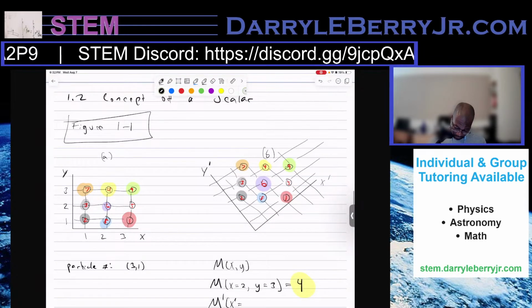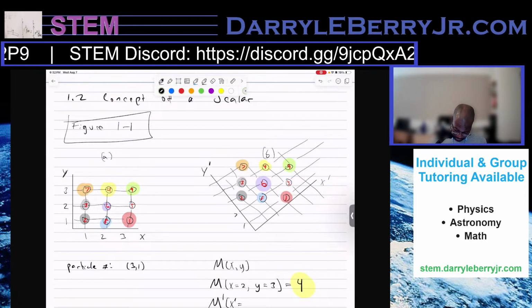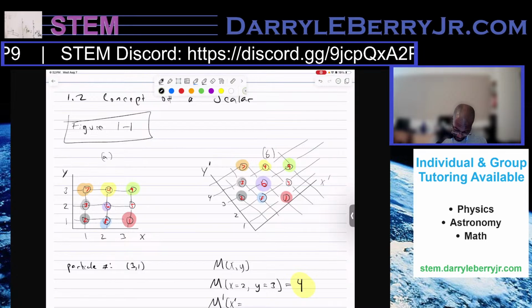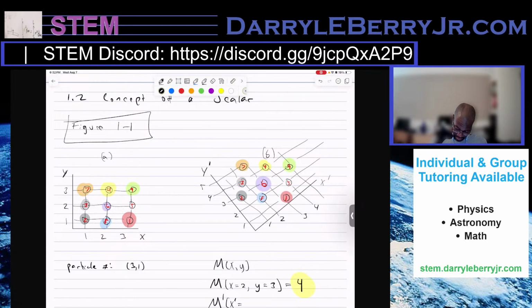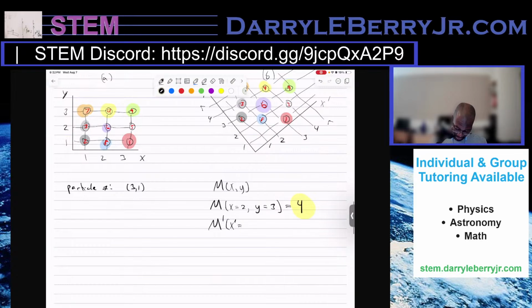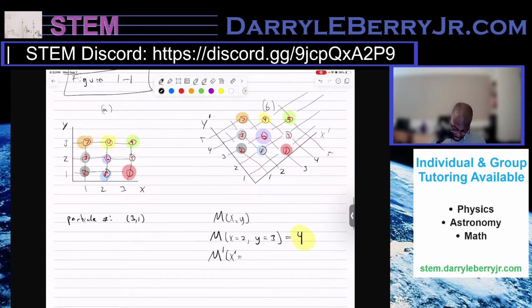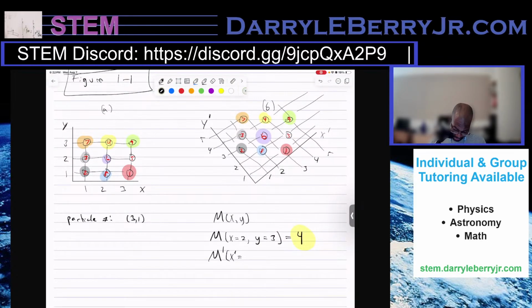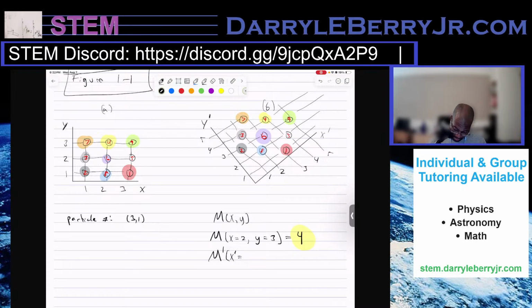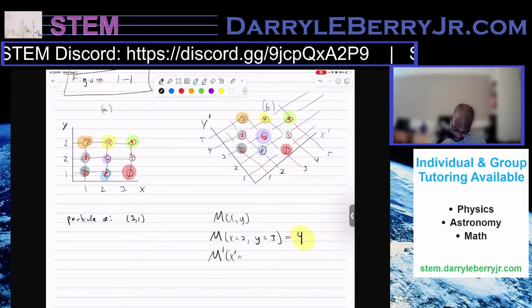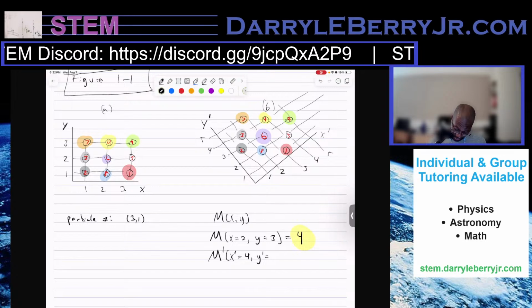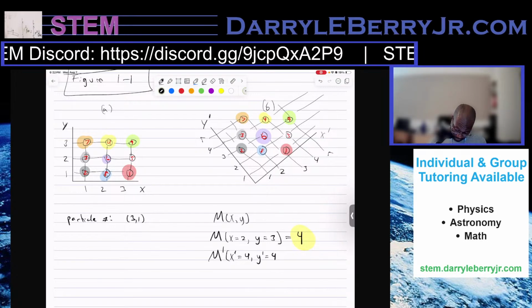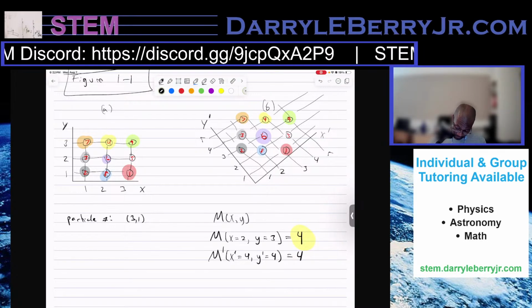All right. So we have 1, 2, 3, 4, 5. 1, 2, 3, 4, 5. So now m prime equals x prime, that's 4. y prime equals 4, equals 4.